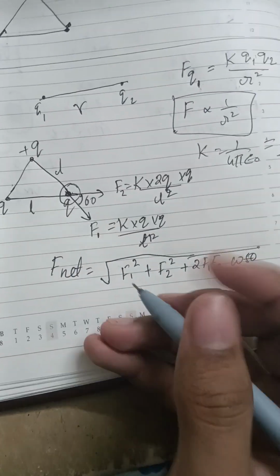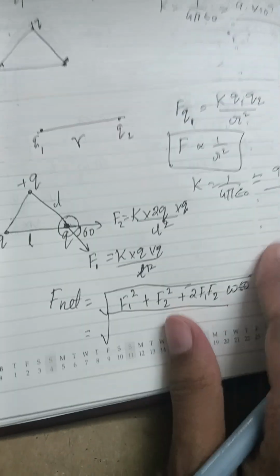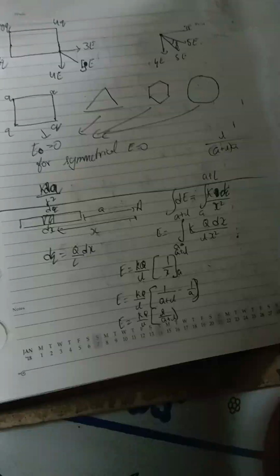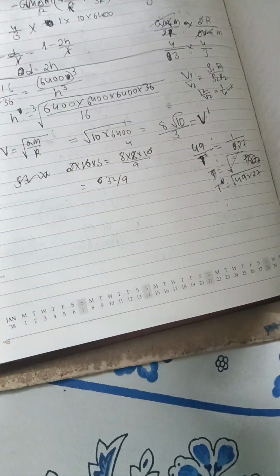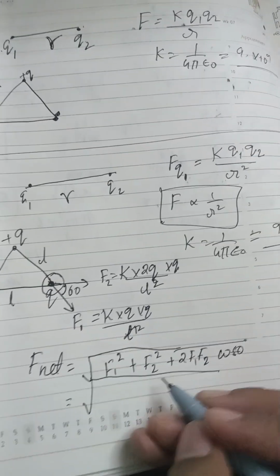This formula is common, everyone knows this. So I have to just put these values in. These values I won't calculate. I'll see back. Where is that? Here. I didn't write it down. Okay, I'll do it.